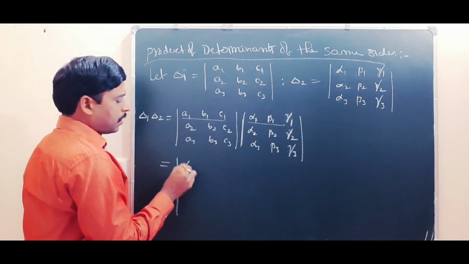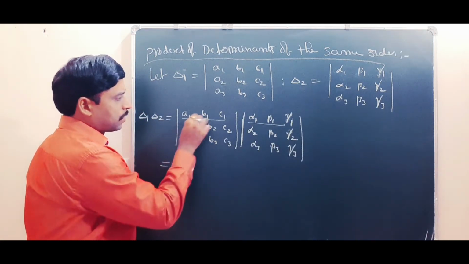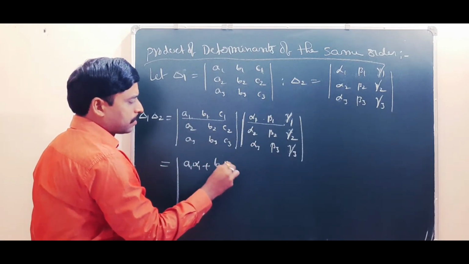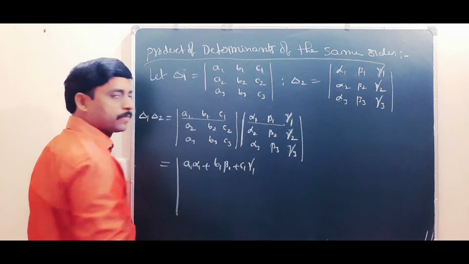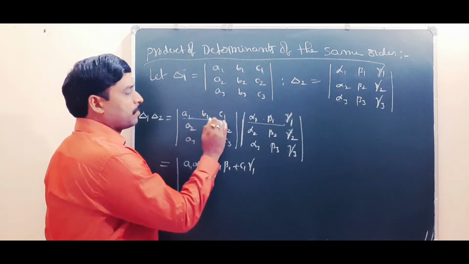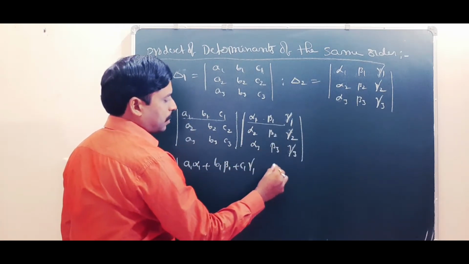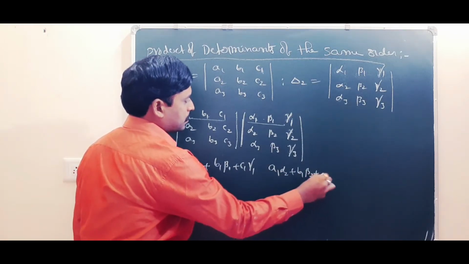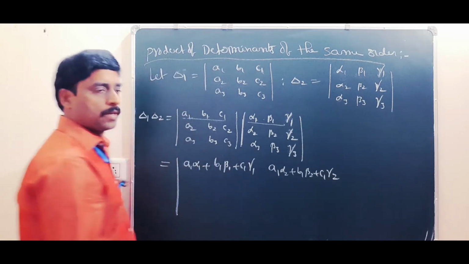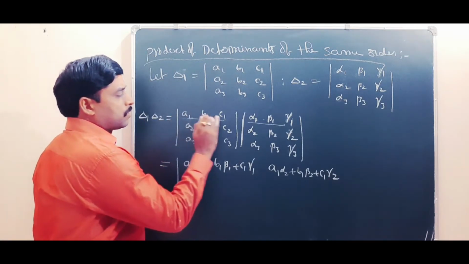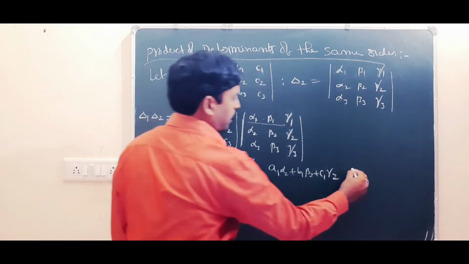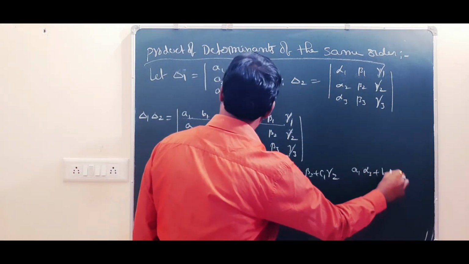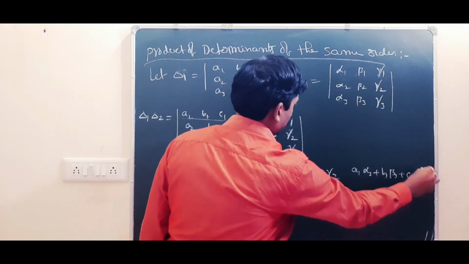It will be A1 alpha 1 plus B1 beta 1 plus C1 gamma 1, and first row multiply with second row. It will be A1 alpha 2 plus B1 beta 2 plus C1 gamma 2, and first row multiply with third row. It will be A1 alpha 3 plus B1 beta 3 plus C1 gamma 3.